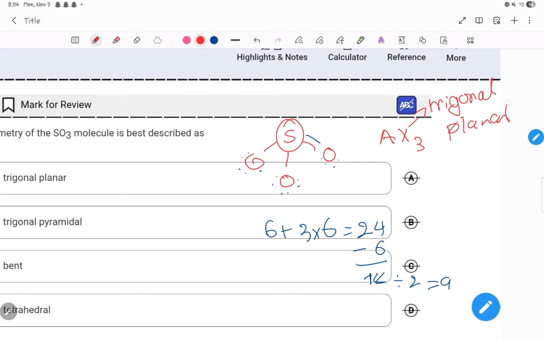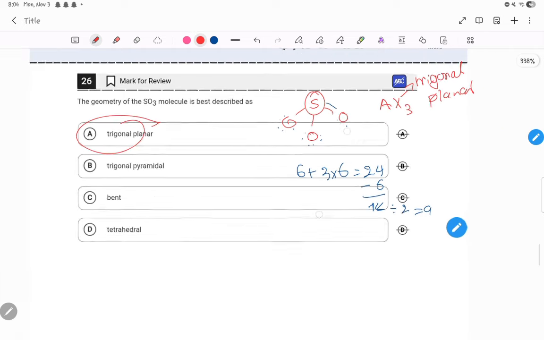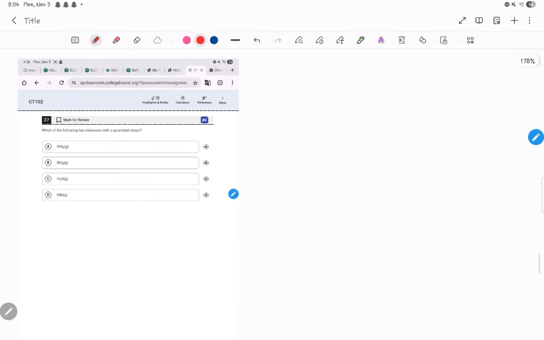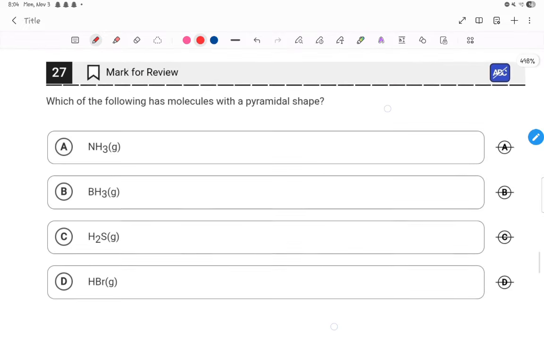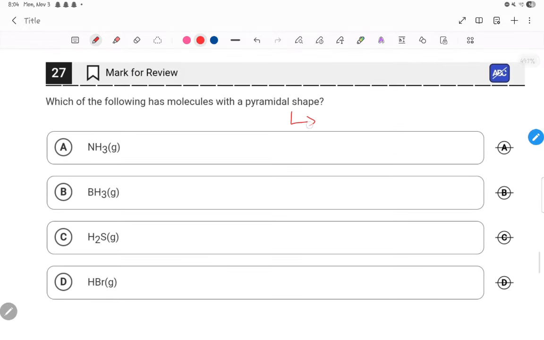We'll move on to the next question, 27. Which of the following has a pyramidal shape? The only pyramidal shape we have is the trigonal pyramidal, right? And the trigonal pyramidal is always AX3E. So basically we need to draw them and find which one of them is AX3E.